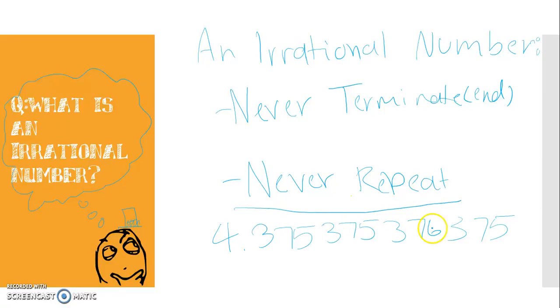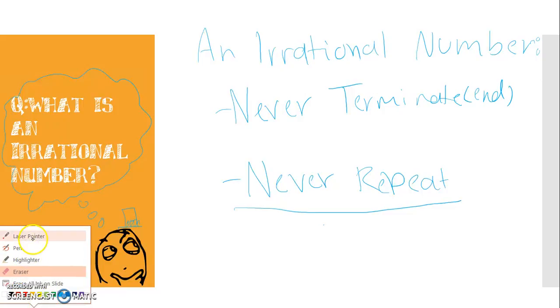But because there is this 1, 6 right here, it cannot be a repeating decimal because it does not continually follow the pattern. So sorry, dude, you do not get to be a rational number. You are going to remain an irrational number.